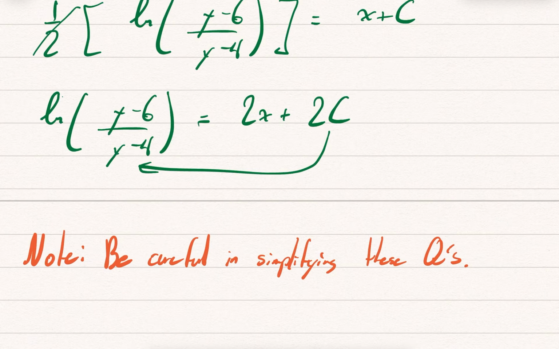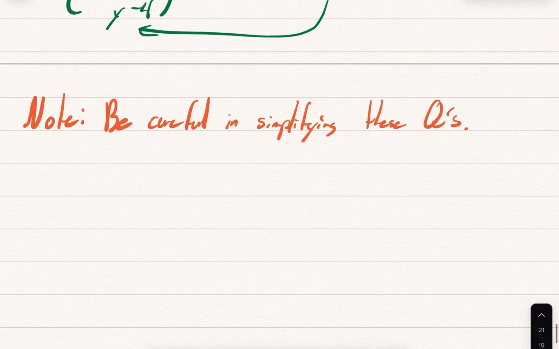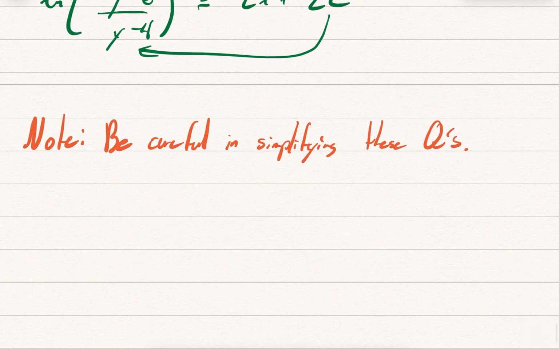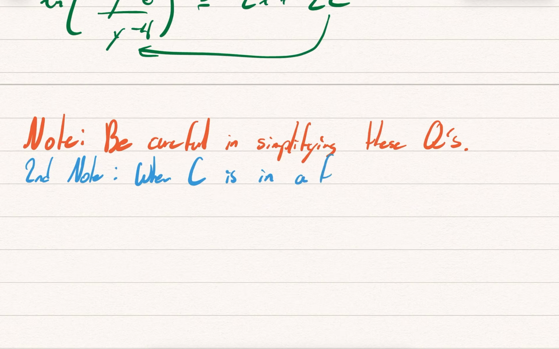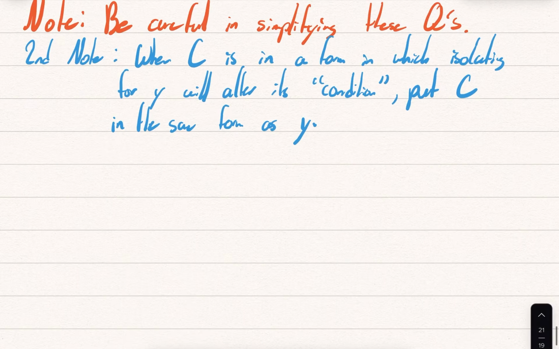What is it I'm going to do? What I noticed in doing these, the pattern I noticed, is for C, when C is in a form in which isolating for Y will alter its condition, put C in the same form as Y. What does that mean?